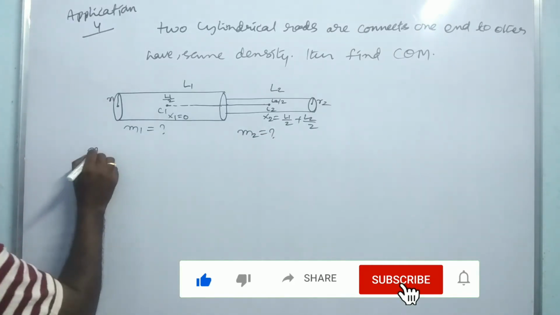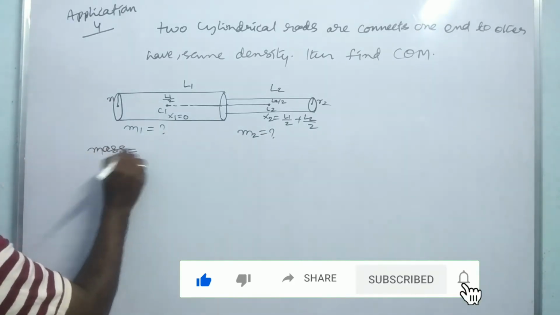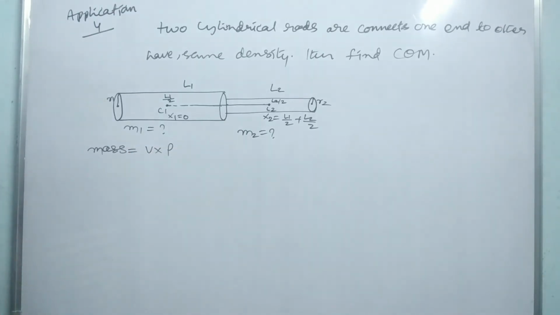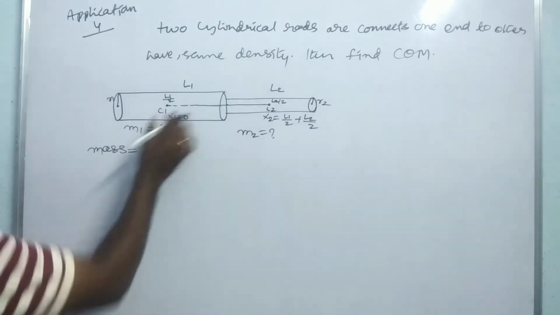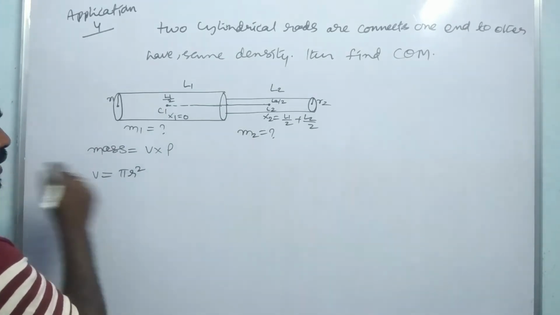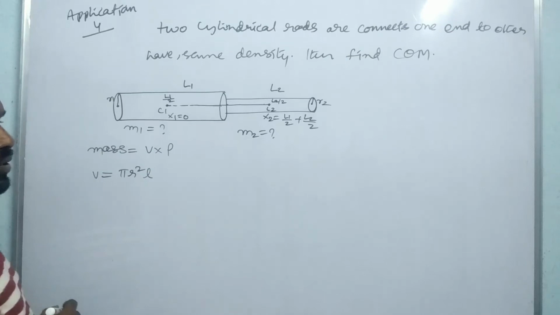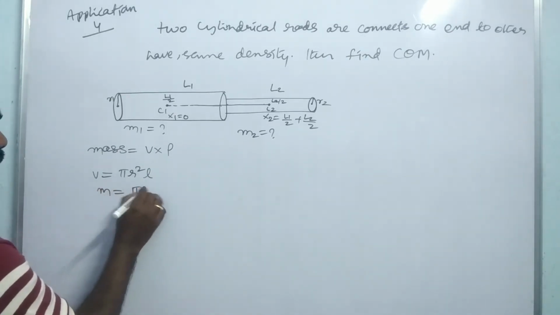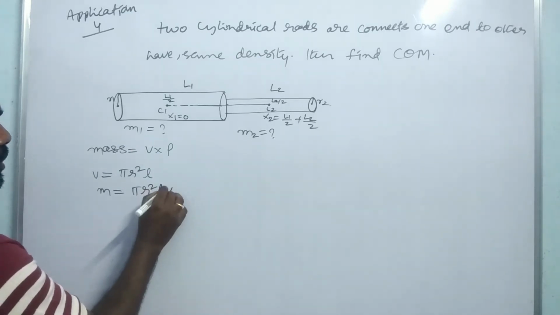So mass is equal to volume into density. Volume of the cylinder is equal to pi r square L, and therefore mass M is equal to pi r square L into rho.